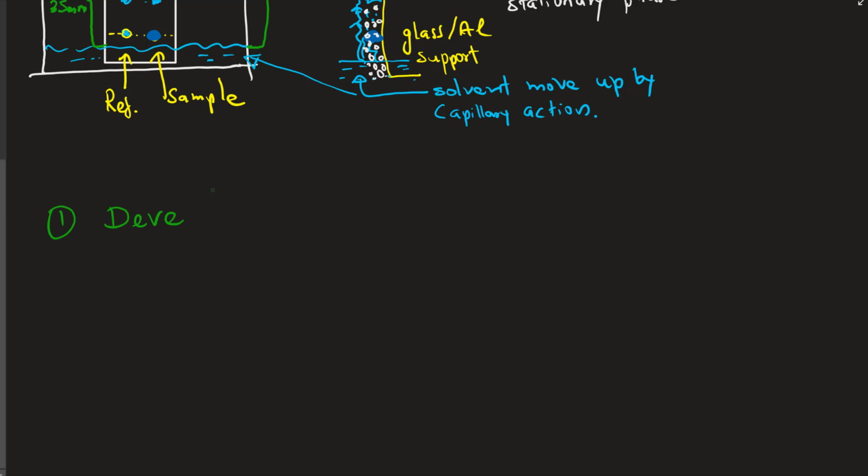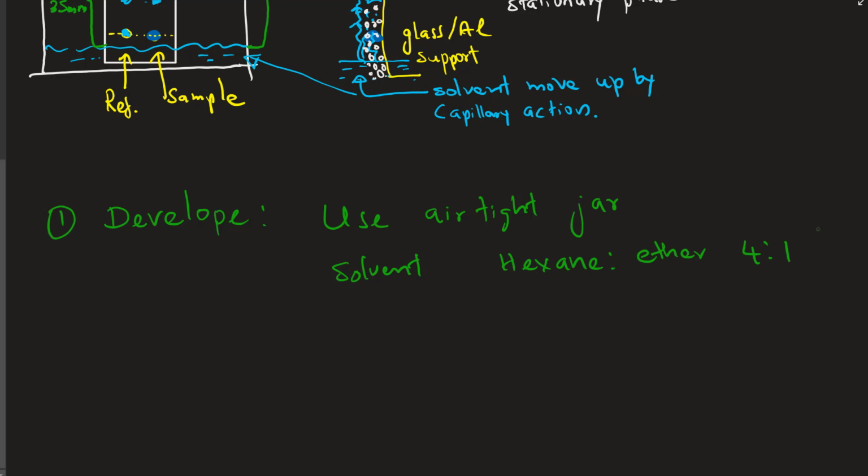It's a good way to measure. And then develop. Develop means you put the spotted TLC into the solvent jar, right? And the solvent jar is saturated and airtight, and then you will see the capillary action. And if you have colored ones, they will be moving up, right?